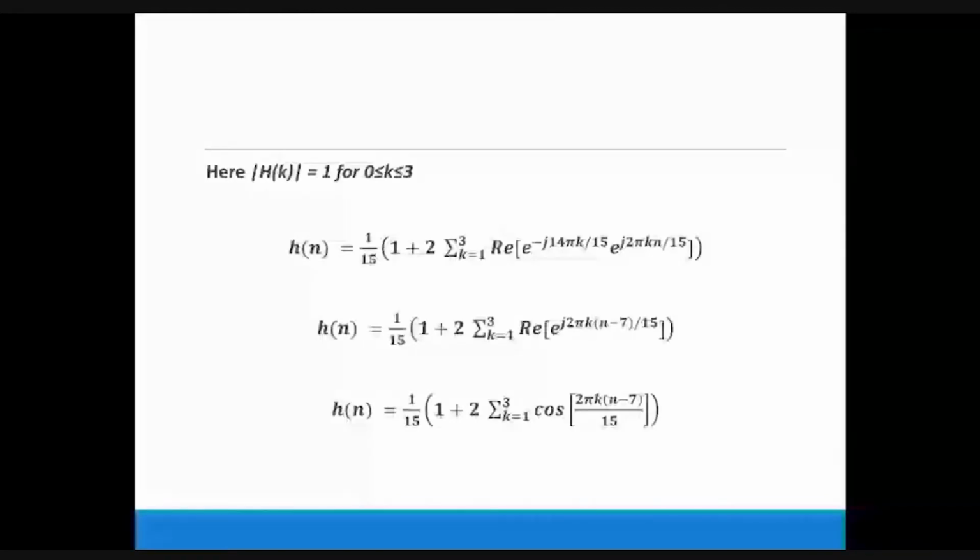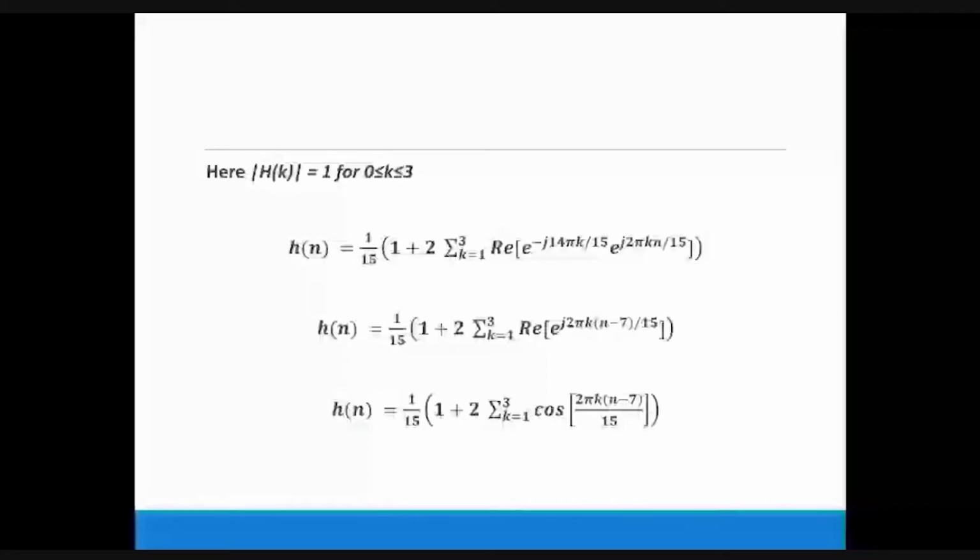So h of n is equal to 1 by 15 in bracket 1 plus 2 summation from k is equal to 1 to 3. Instead of calculating all the values, because the rest of the values are 0, the remaining values we can calculate with the help of symmetricity. So we are calculating only the values where our function has the value 1, that is 1 to 3, and the real part of e raised to minus j 14 pi k by 15 into e raised to j 2 pi k n by 15.